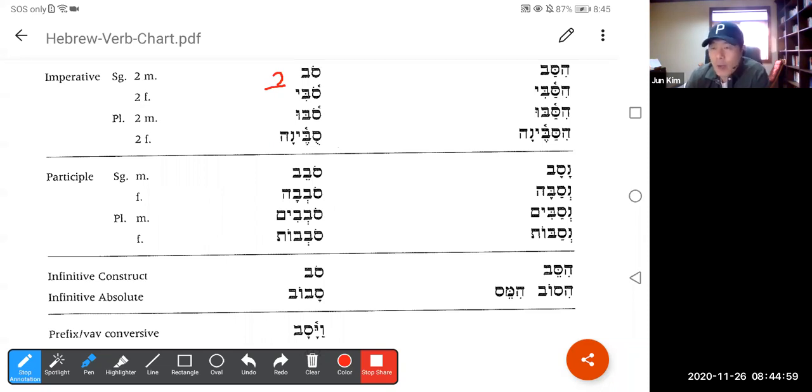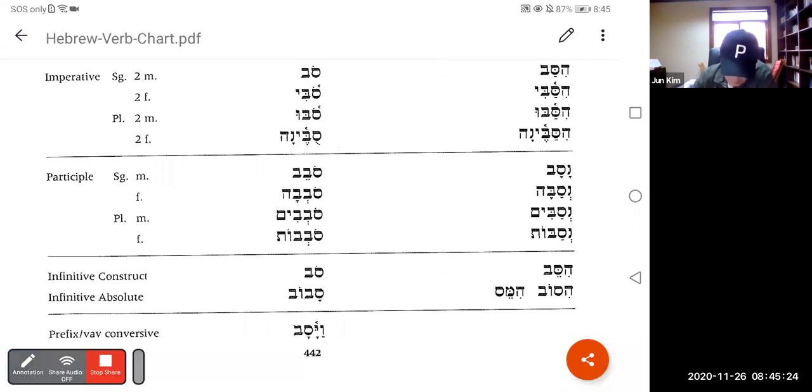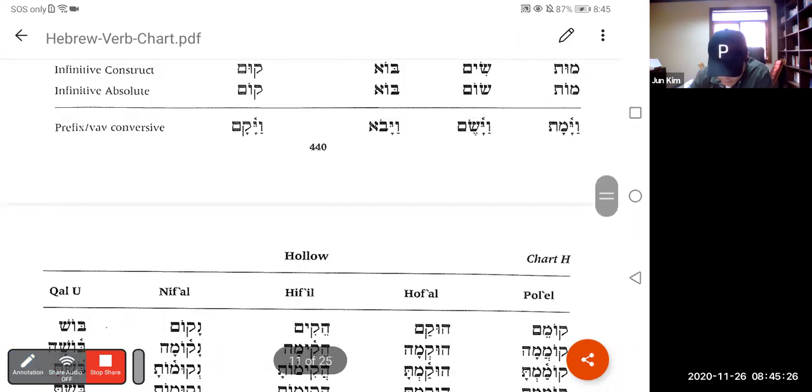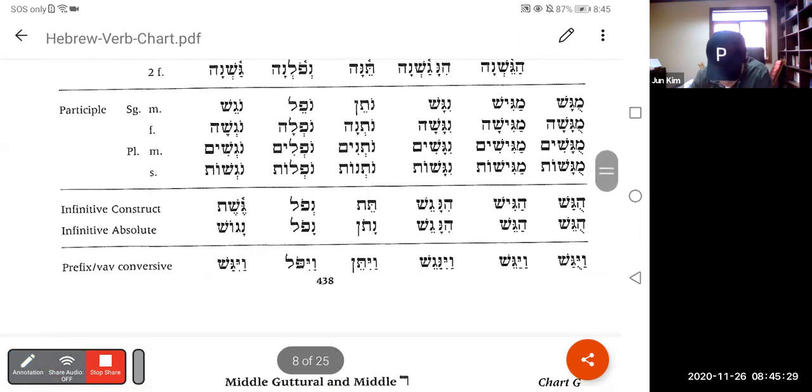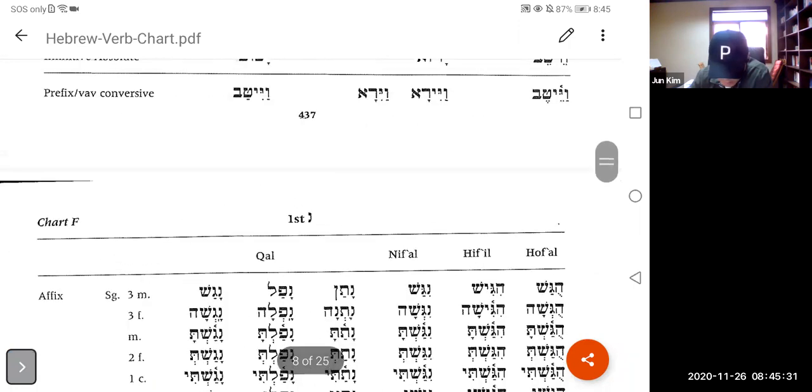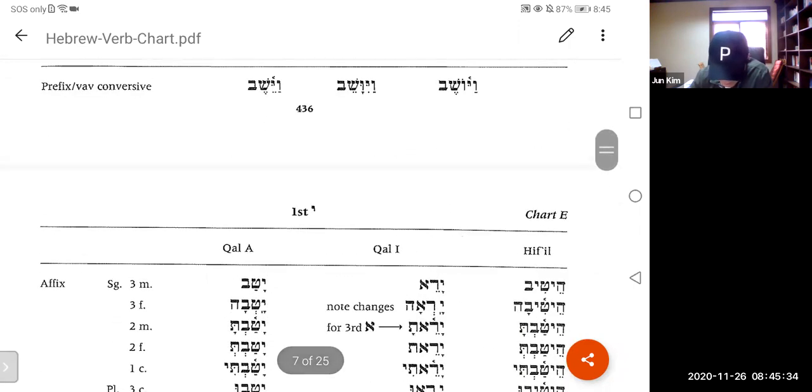It is simply to drop the weak sound. Do you remember? In the case of first yod verb, you simply drop yod to become the imperative form. Even first nun is the same. Okay, everything is mixed up and you may be confused.